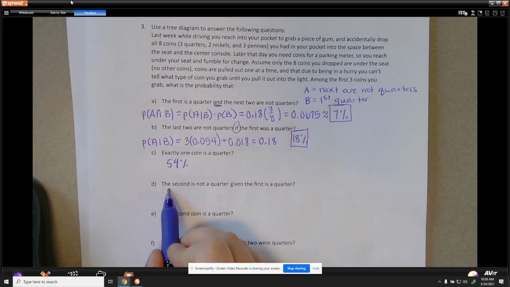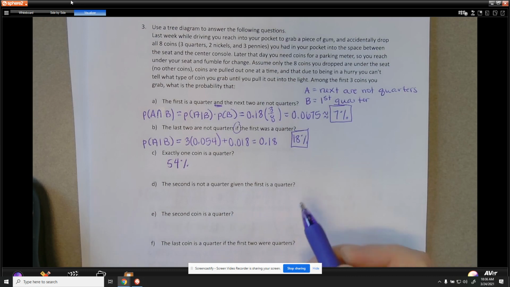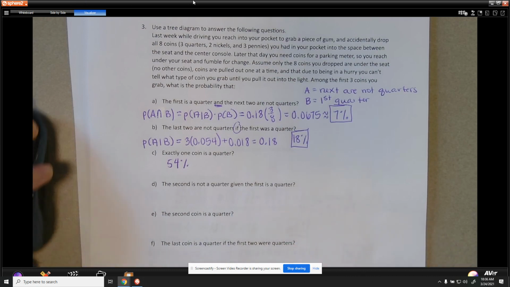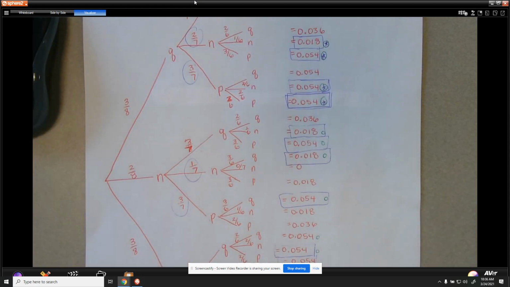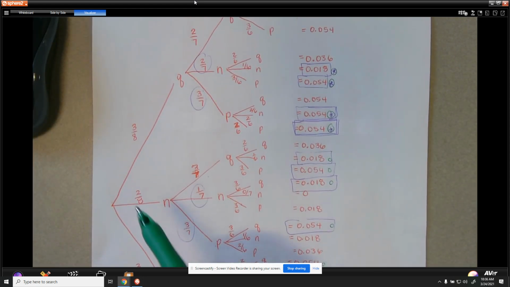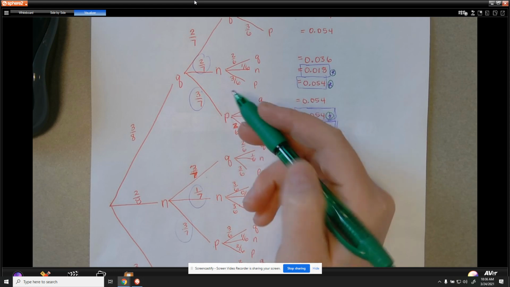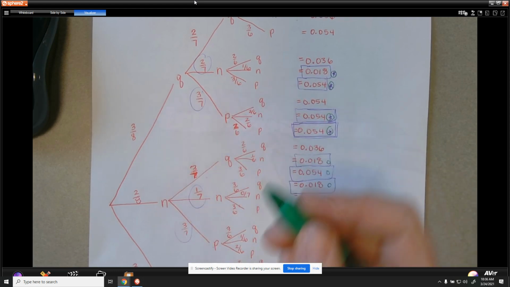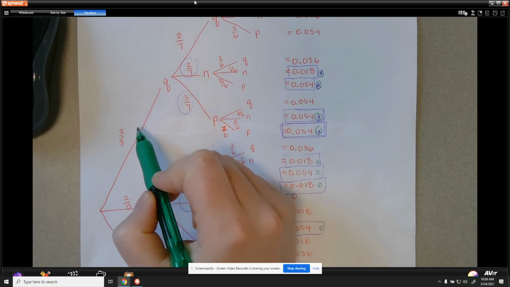Okay, next. The second is not a quarter, given that the first is a quarter. So we are going to check out the givens. I'll do this in a different color here. Given that the first is a quarter, the second one is not a quarter. So we have nickel or penny. We could have probability of 3/8 times 2/7, that'd be quarter to nickel.